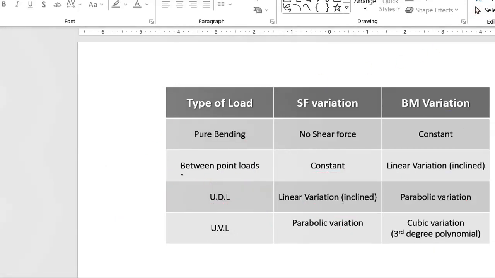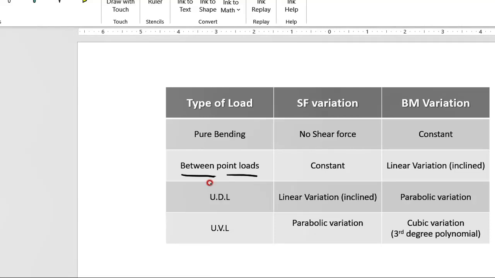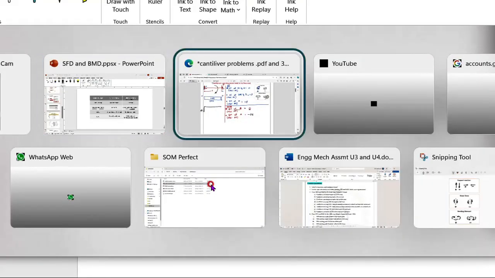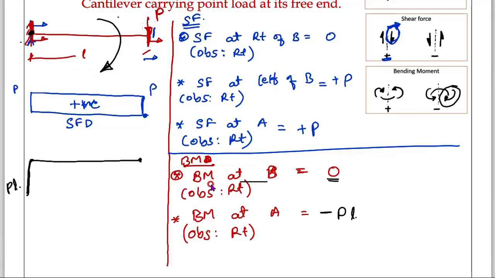You can see between 2 point loads, the bending moment variation is linear. Bending moment variation is linear means I have to draw one linear line like this. Okay, this is your negative bending moment diagram, BMD.